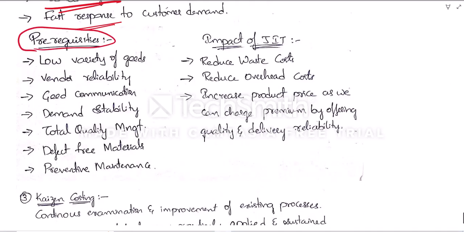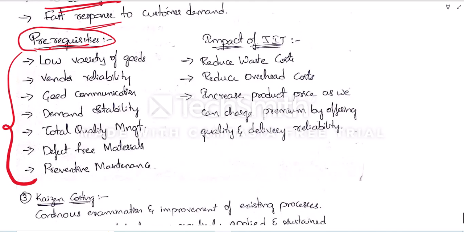Okay, next, prerequisites. We have already discussed what we should do in order to implement just in time. But here, what is meant by prerequisite? It is what we should have by default. If we have this, we can implement just in time and make the proper supplier arrangements. But if we don't have this, it is not possible to follow just in time.